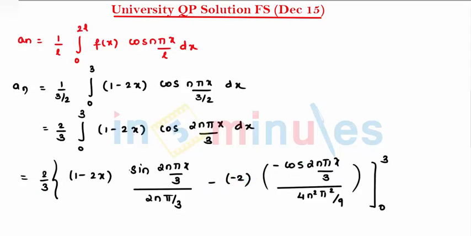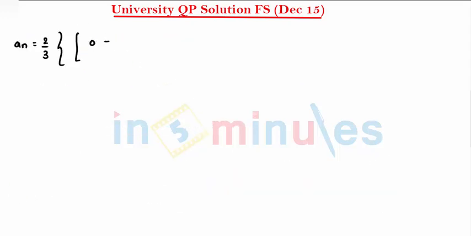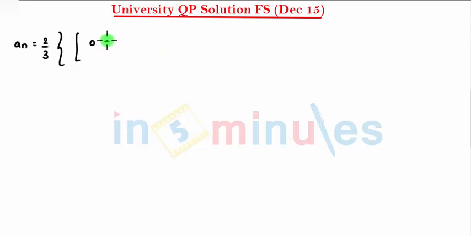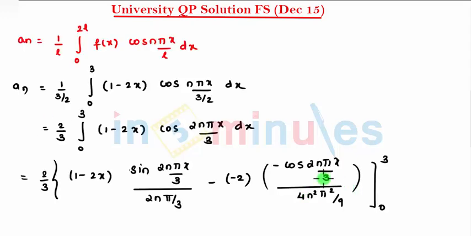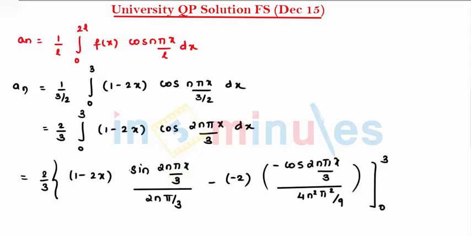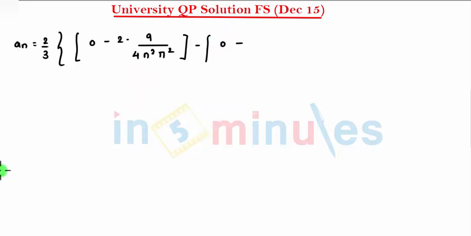Second is minus minus, so I can say plus, and this comes to be 2 into 9 divided by 4n square pi square, and then here cos 2n pi, that is nothing but 1. So this is the upper limit. Let's substitute 0. So sine 0 is 0. So the first term again will be 0.